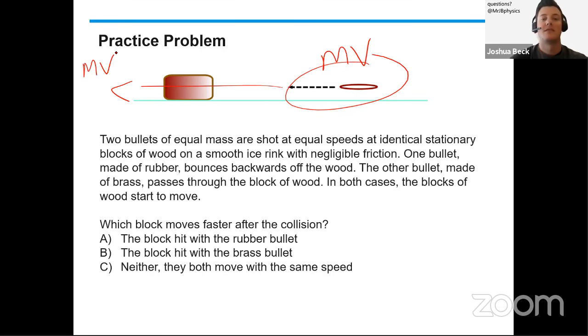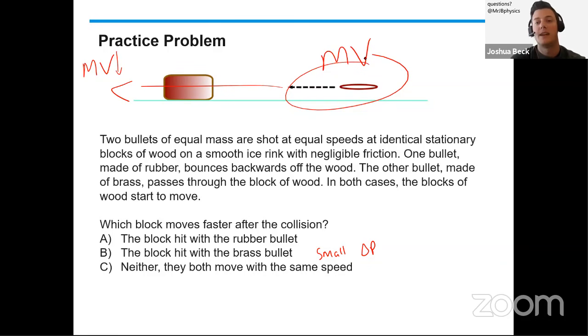So it still has a mass and it still has a velocity. Is this going to be a little bit slower than before? Yes, absolutely. So is that a change in momentum? Yes, absolutely. So this brass bullet will have a small change in momentum. It slowed down a little bit as it goes through this block.